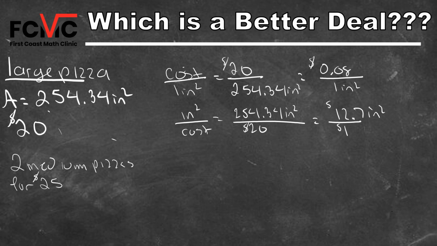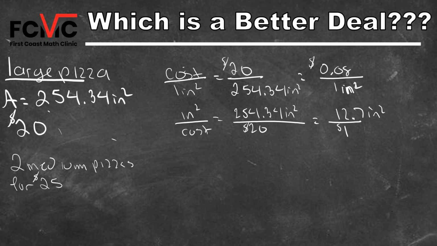That's not dollars. Okay, so two ways we could compare this, right? We could figure out what's our cost per inch squared. So it's 8 cents per inch squared. Or we could figure out, well, how much pizza will $1 get me? $1 will get me 12.7 inches squared worth of pizza.